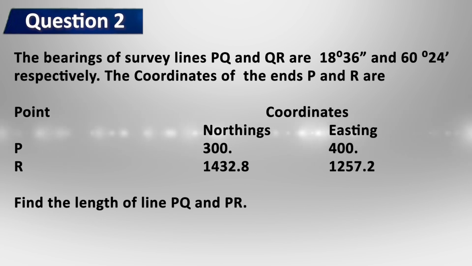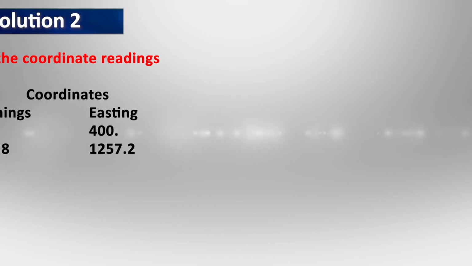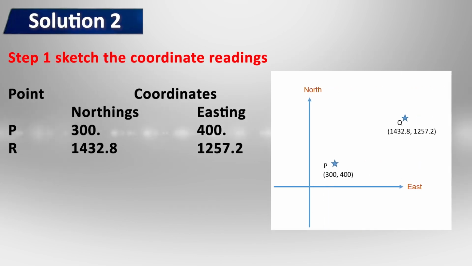Then once the length of PR is calculated and plotted, we will draw the survey lines PQ and QR as the bearings are given. Then we will find the lengths of PQ and PR. Let us first make a sketch of the coordinate readings as given.